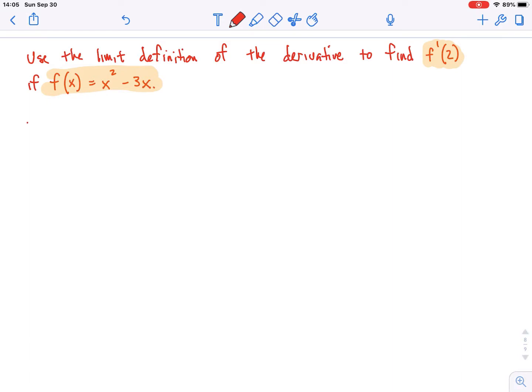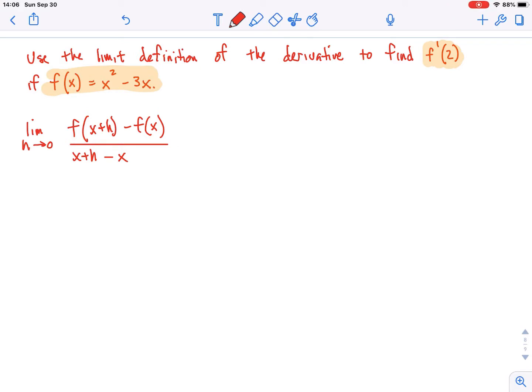So let's use this limit definition. So the limit as h approaches 0 of f of x plus h minus f of x divided by h. Now one thing you might notice or might not notice, because it's not totally obvious, is that this denominator is really x plus h minus x, which just simplifies to the h.